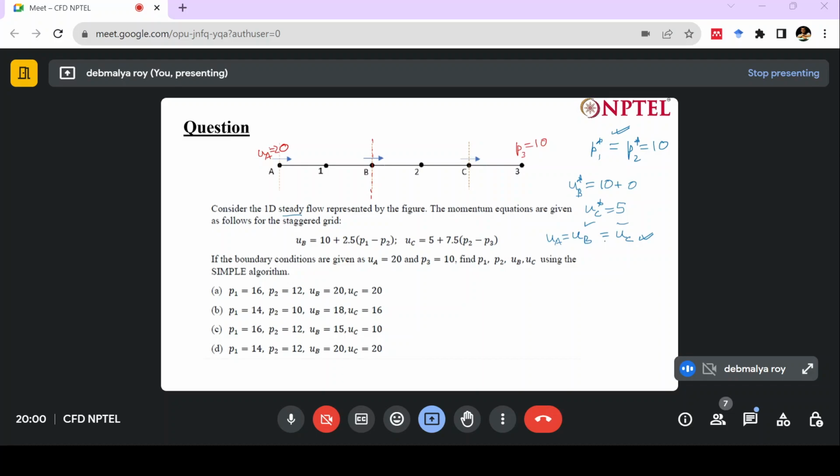So you can use this, or you can simply take the first control volume, focus on this part, and then use UA star plus DE. DE in this case will be D1.